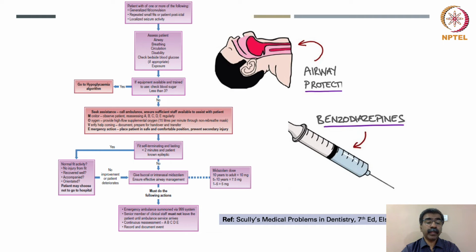If there is no improvement or the patient deteriorates, then you need to give buccal or intranasal midazolam. Ensure effective airway management. The dosage of midazolam is 10 milligrams for 10 years to adult, 7.5 milligrams between 5 and 10 years, and 5 milligrams if the child is 1 to 5 years.